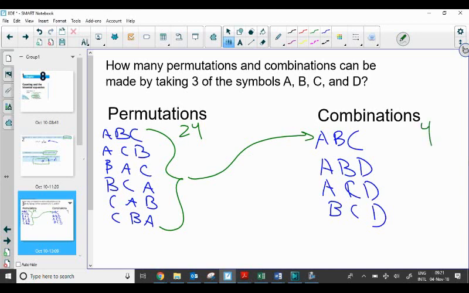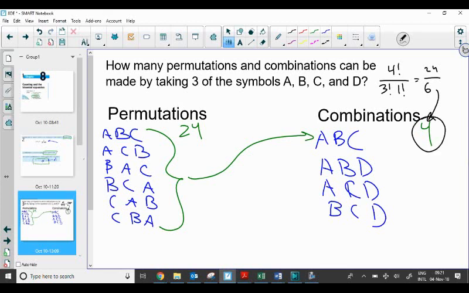Whereas we're going to have 4 combinations. And so, to repeat what I said in the last video, how many combinations are there? Well, in this case, there's 4 factorial divided by 3 factorial times 4 minus 3, which is 1 factorial. Calculate that in your head, right? This is going to be 24 divided by 6 times 1, which is equal to 4.